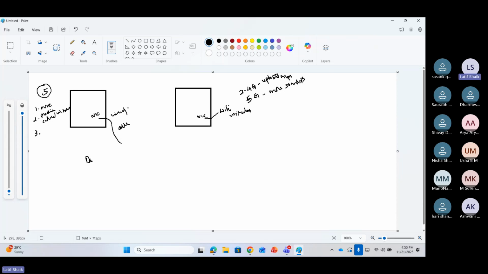Different devices are required for different types of connections and communication. If I simply want to create a simple LAN network, then I use a hub device or switch device.